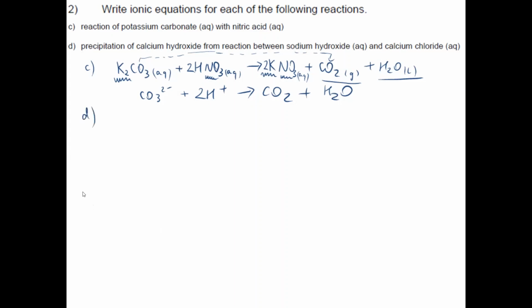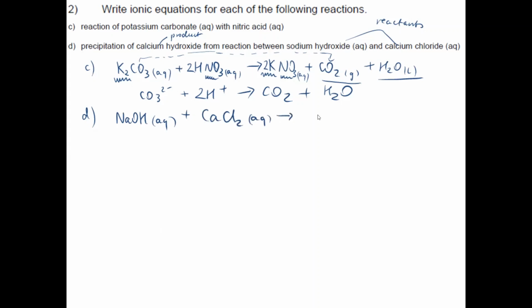The precipitation, again, this is a product. You precipitate the calcium hydroxide. So this is my product from reaction between these two. So these are reactants. Okay, so sodium hydroxide and calcium chloride.